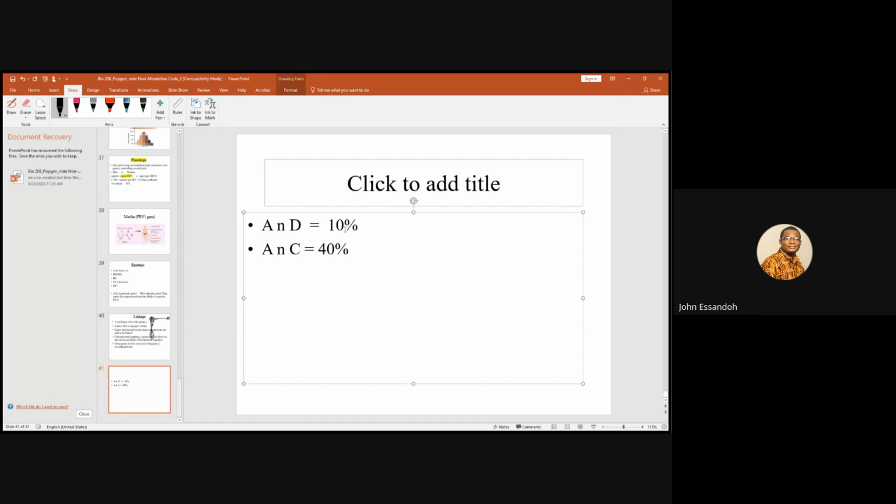A and D is 10%, and A and C is 40%. If I arrange this on the chromosome, the fact that these ones are 40% means that they are far apart. So you put A and what?